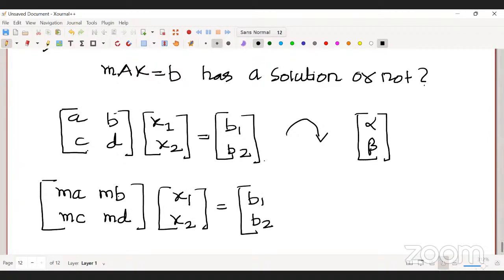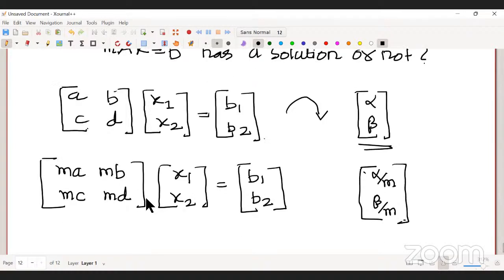Now, can you guess whether this equation has a solution or not? Alpha beta is a solution of this equation, right? Now, if instead of alpha beta you take alpha by M and beta by M, can you check whether this is a solution or not?